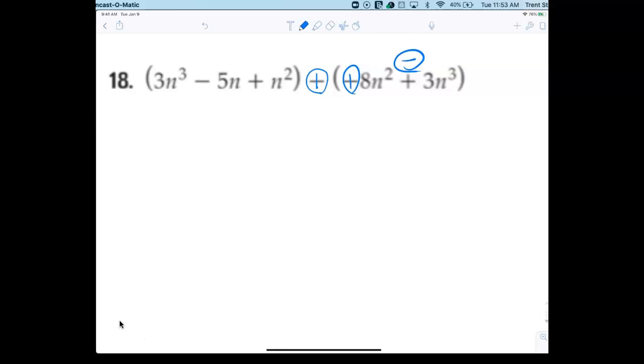All right. So now we're going to try to write in descending order. So what happens to the n cubed? They cancel. Thank you. That's important. 3n cubed, negative 3n cubed, they cancel. Why didn't the one on the left side change signs? Because there isn't a negative over there. True?